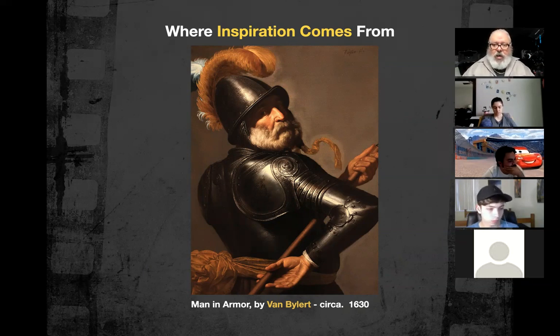So here's a guy in polished armor, and he's under some kind of light source, probably a torch or a candelabra hanging from the ceiling. And look at all of that detail that's revealed in his armor and all that highlight that he was able to render in the surface of that armor with oil paints.